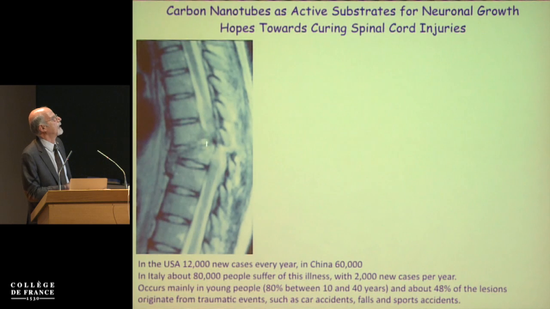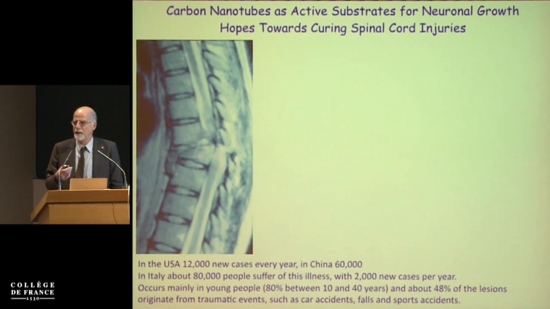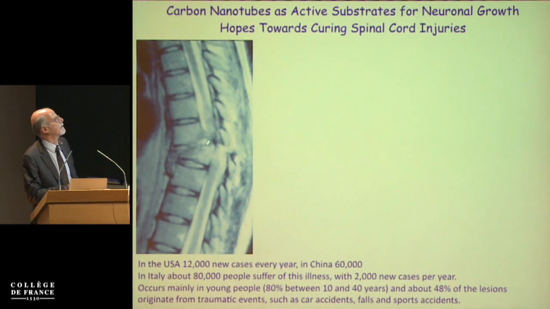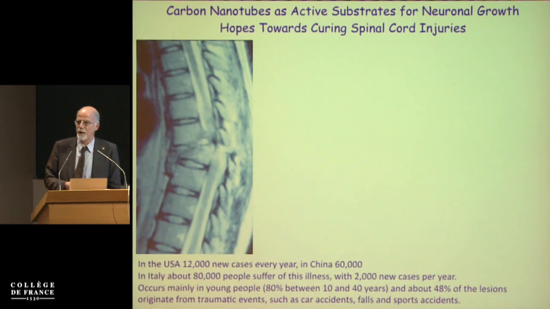And so when an accident occurs, the spinal cord is displaced, and inside the spinal cord there are the nerves which can transmit the stimuli from the brain to the external organs.